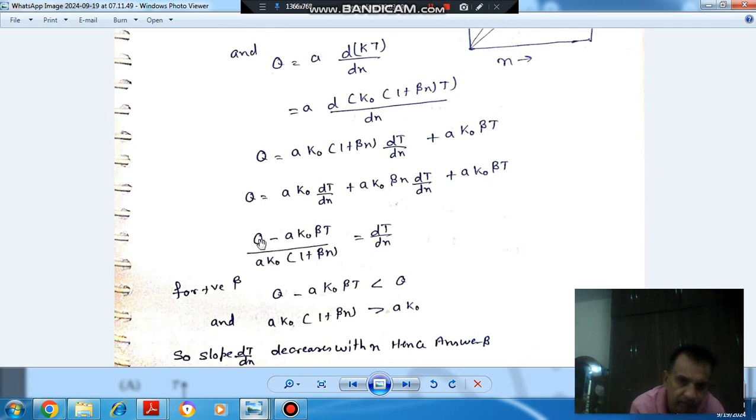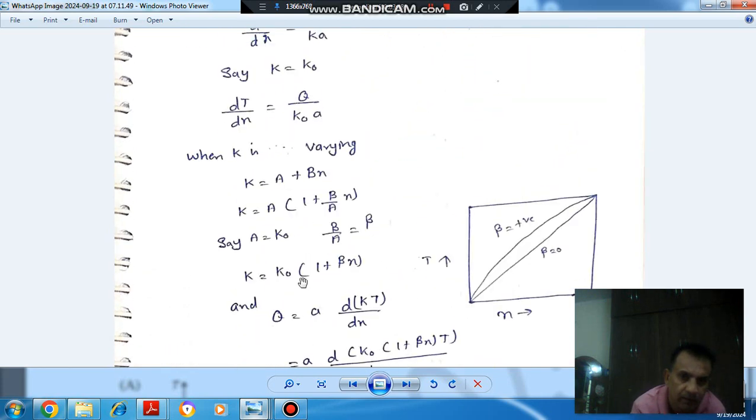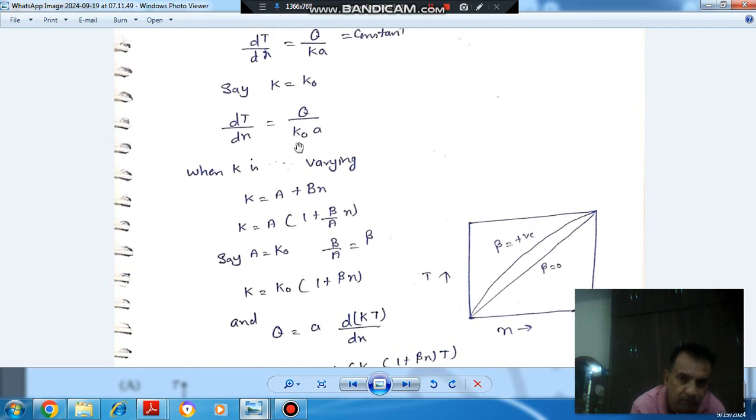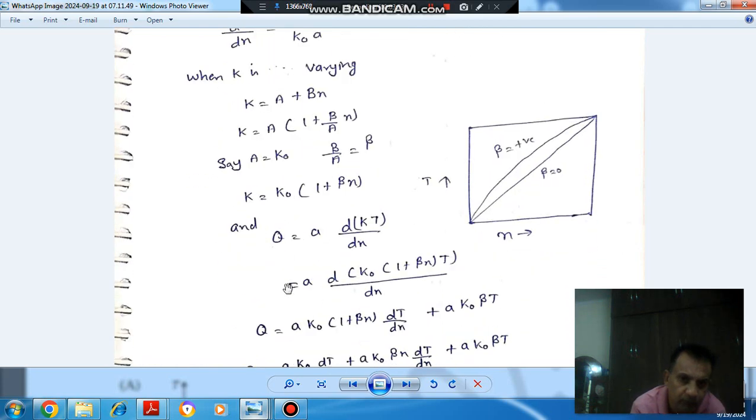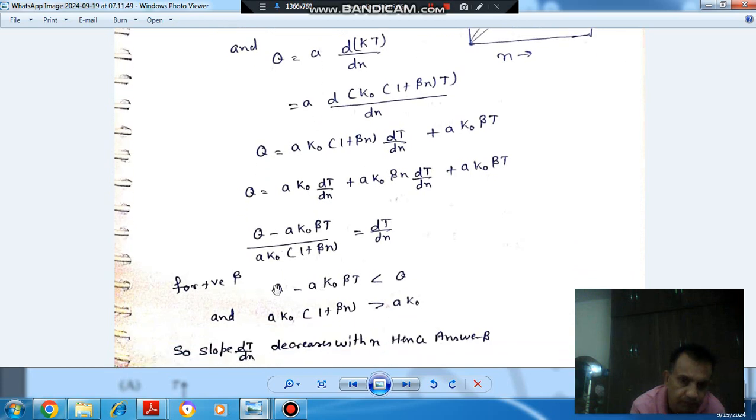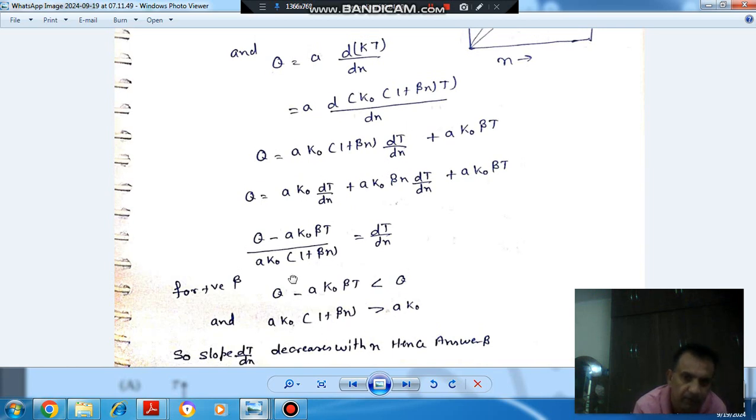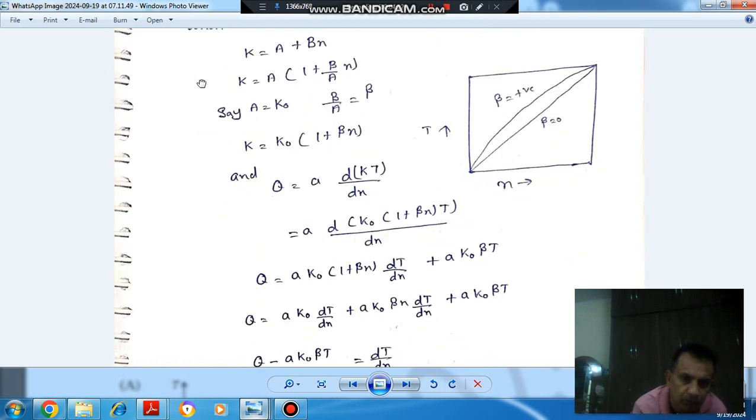If we analyze this term, the numerator part is Q minus A K naught beta T when K is varying, and here it is only Q. So the numerator part for beta positive will be less than for the constant conductivity case, and the denominator part will be more than this A K naught, because beta is positive.